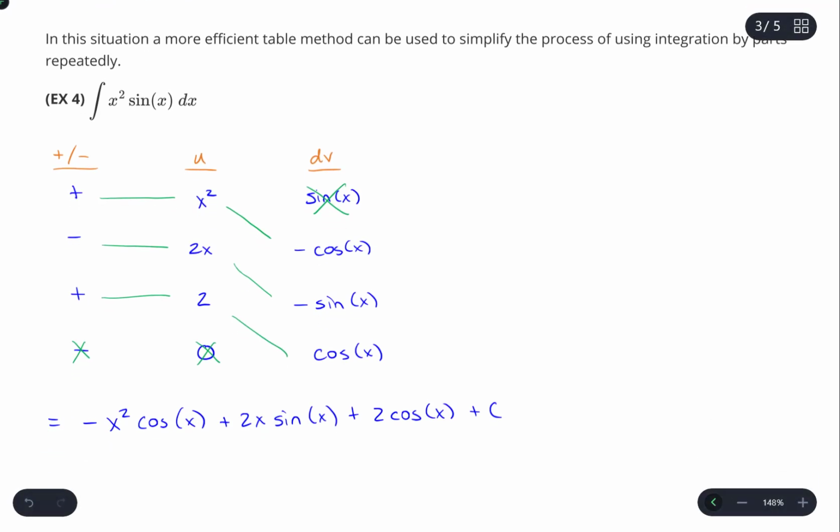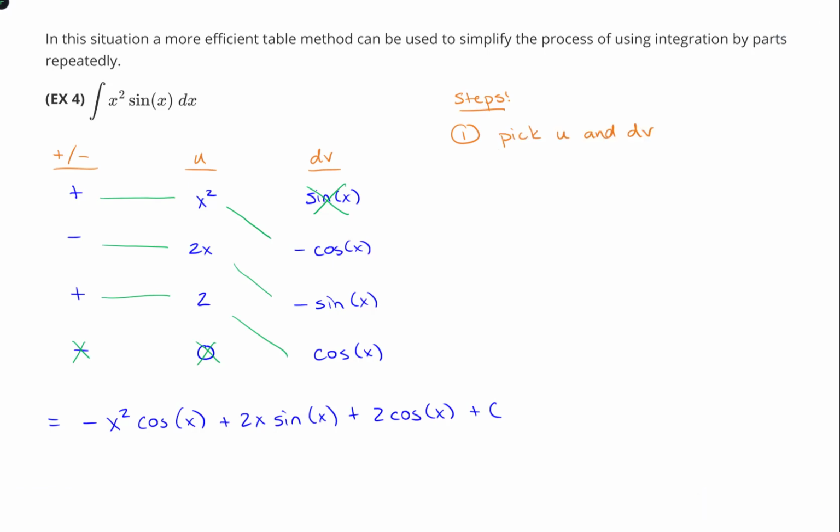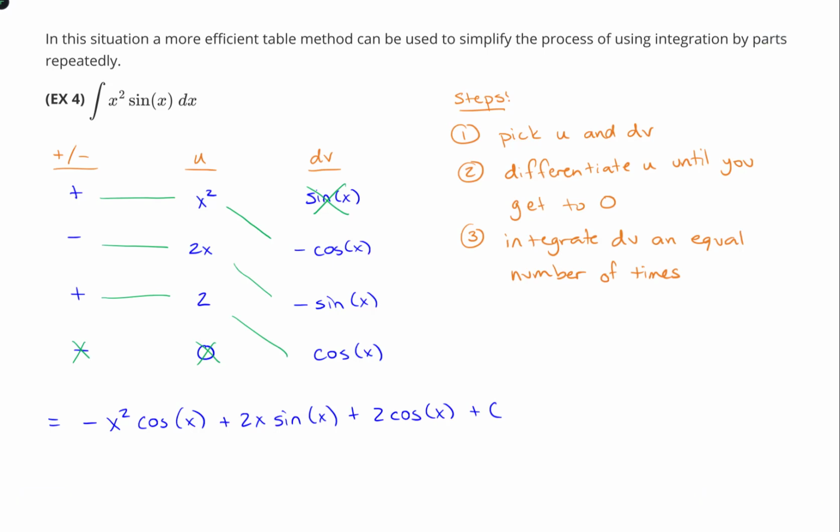So just as a recap, so that you have them for later, here are the steps of this process. 1. Pick u and dv. Same first step as if you're doing integration by parts, as you would normally. 2. Differentiate u until you get to 0. So it's important this is an algebraic style function so that this would actually happen. 3.